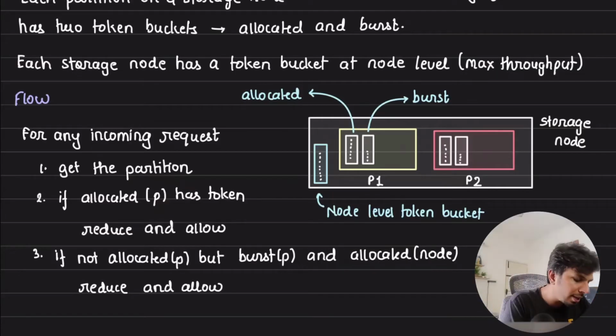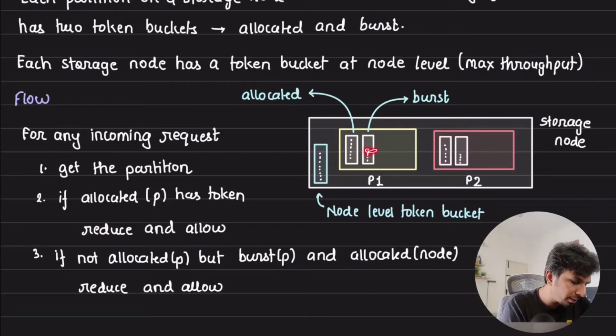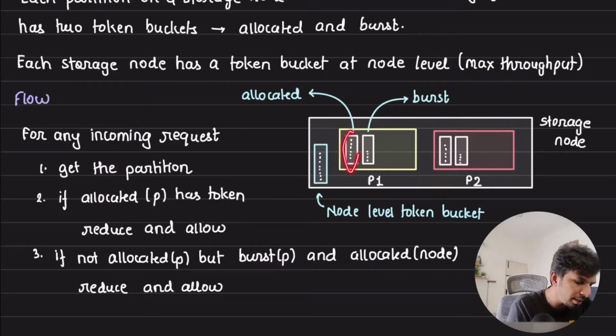If the allocated bucket has nothing for that partition, you would see if burst has something. If the burst bucket of that partition has some tokens, which means you are allowed to go to that certain level, you would pluck that out from this burst token. So this way you are allowing 100 requests per second plus some bursting.